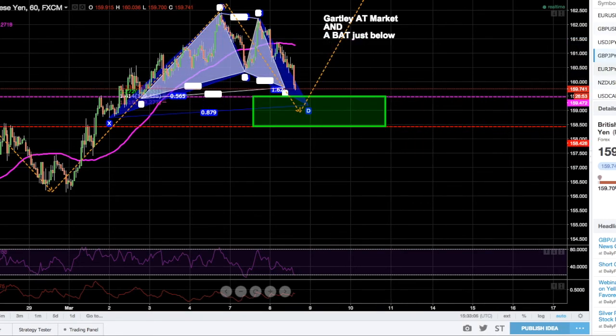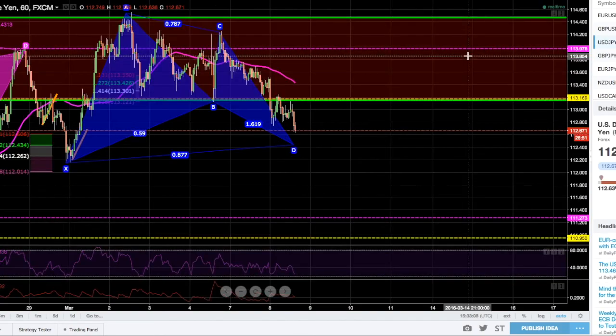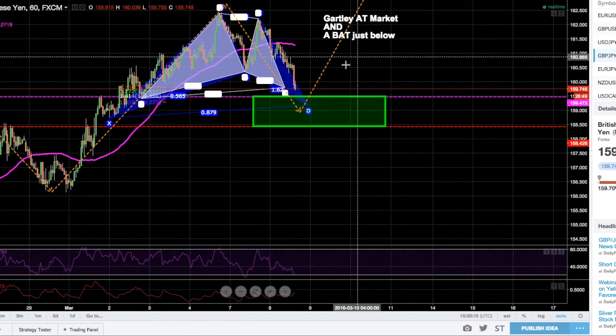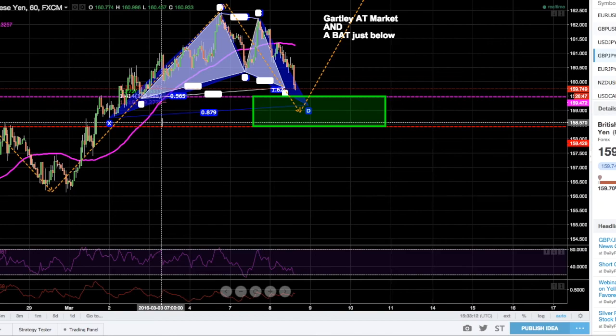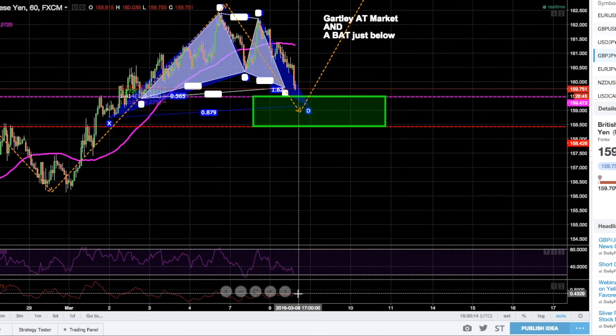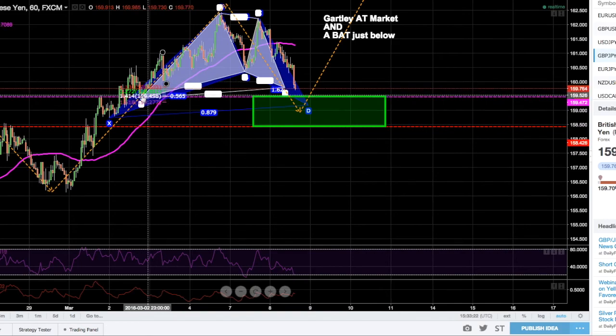Right? So let's go back to, I'm sorry guys, stops. Stops are 1 ATR below the X point. So 43.29. We'll have to go 43 pips under the X point of the Gartley if we're trading that.